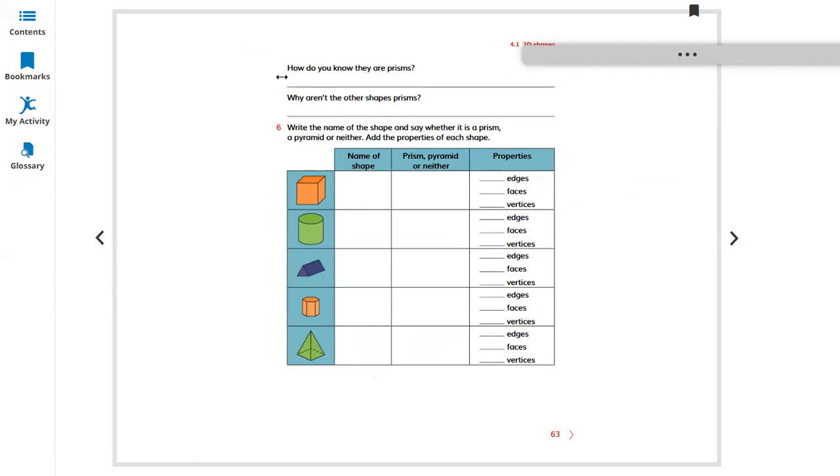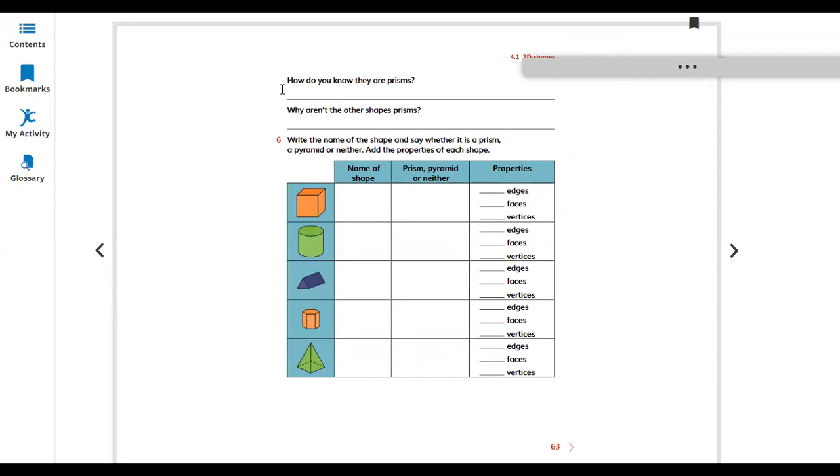So we can write here, prism has two ends that are the same shape and size. That's enough about prisms.